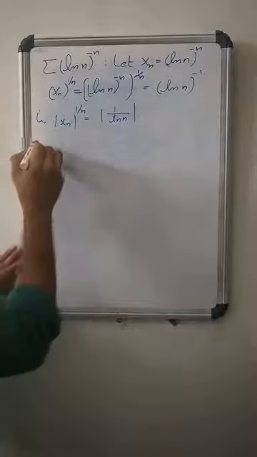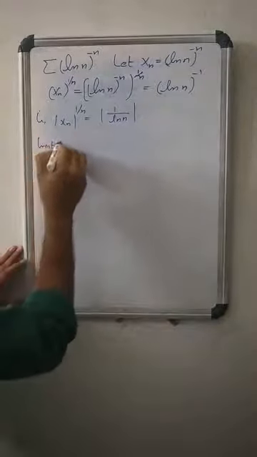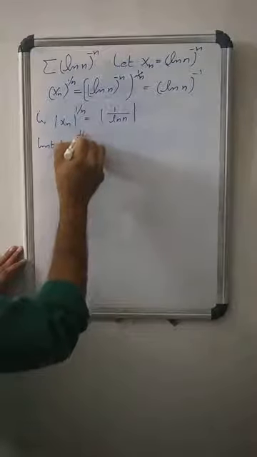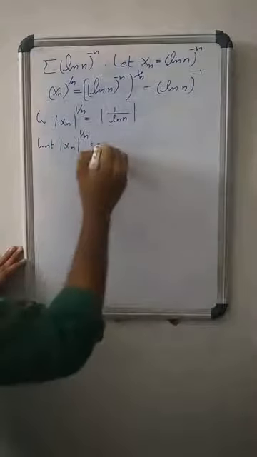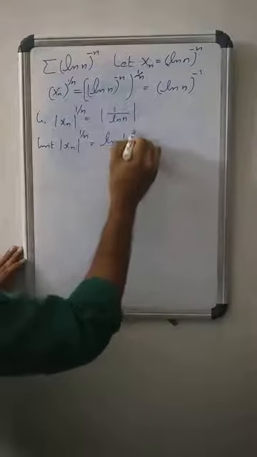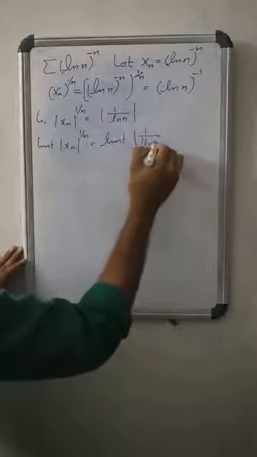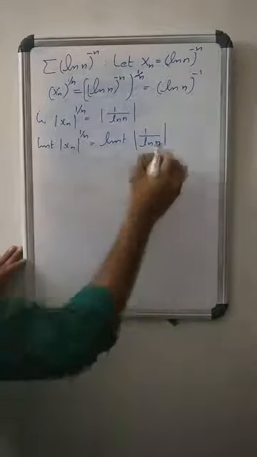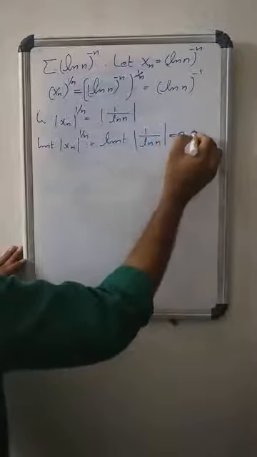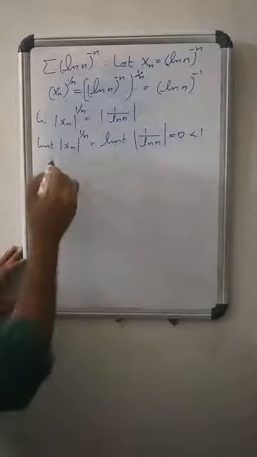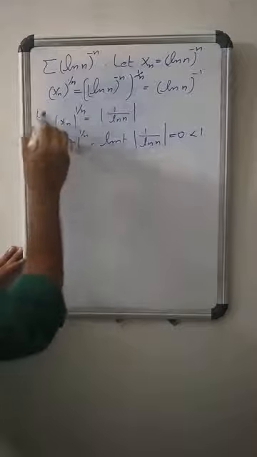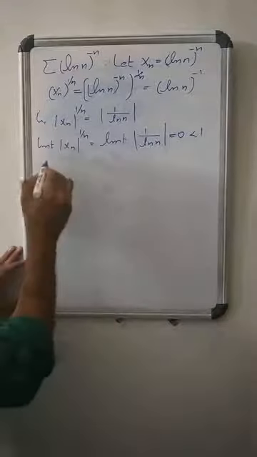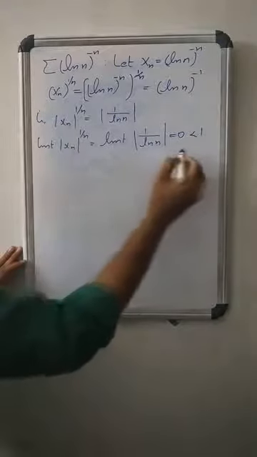So what is the limit of modulus of xn to the power 1 by n? It is the limit of modulus of 1 by log n, that is 0. Okay, 0 is strictly less than 1. So by the root test, here r is less than 1.